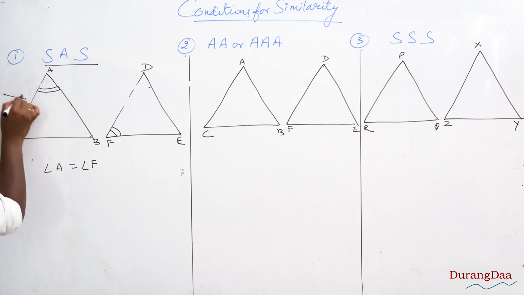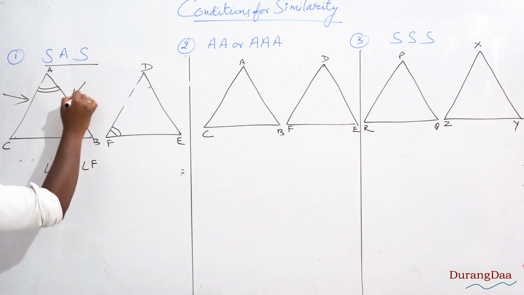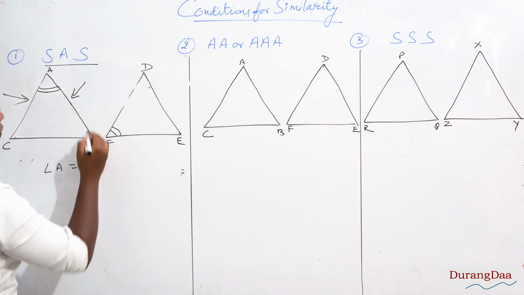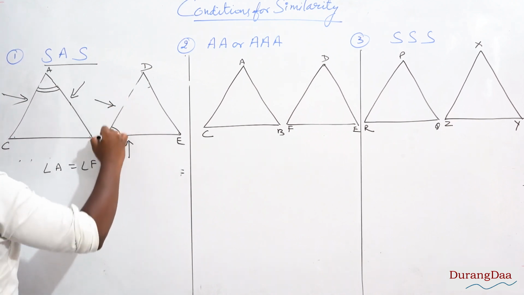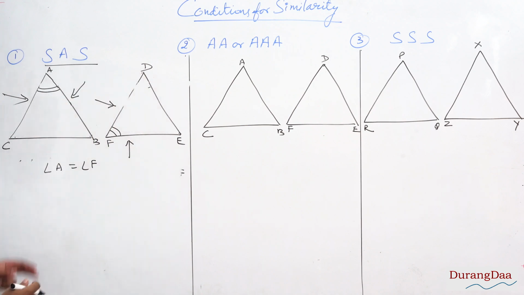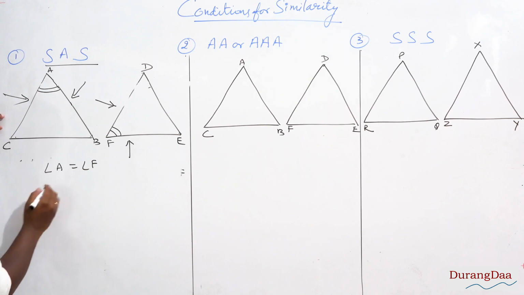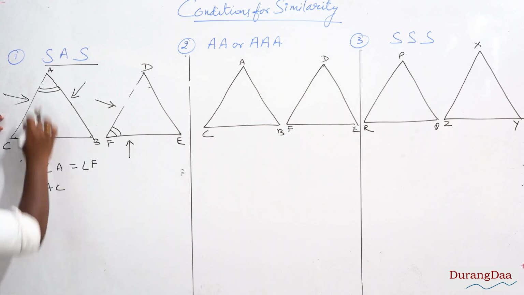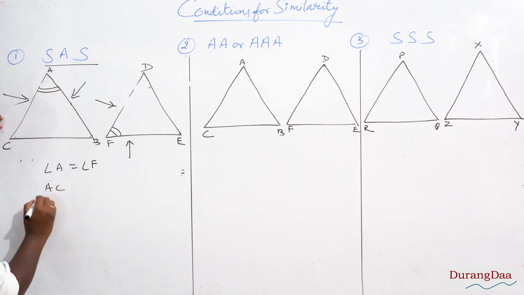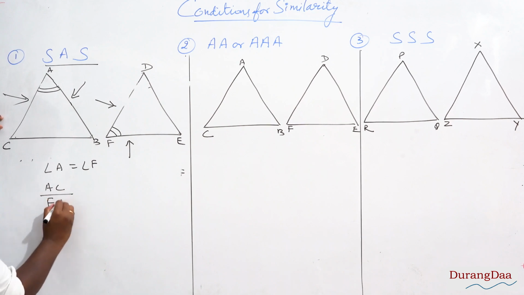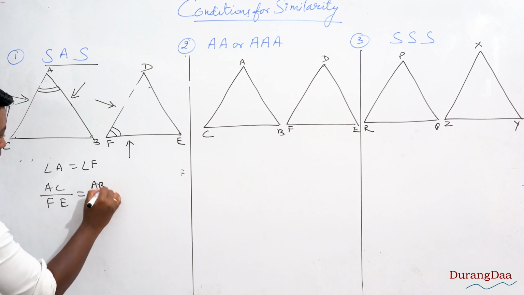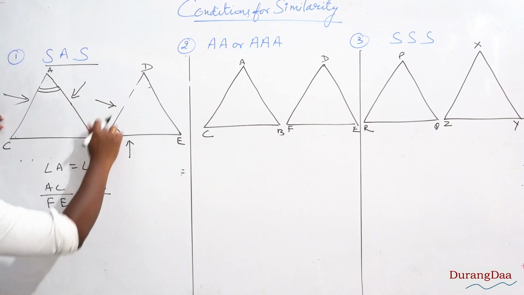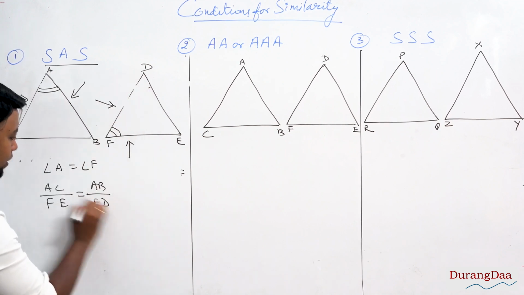Angle A is formed by again AC and AB, and angle F is formed by FE and FD. These are the sides. Okay, now these also should be in proportion. So it should look like this: AC by FE equal to AB by, the side here would be FD.